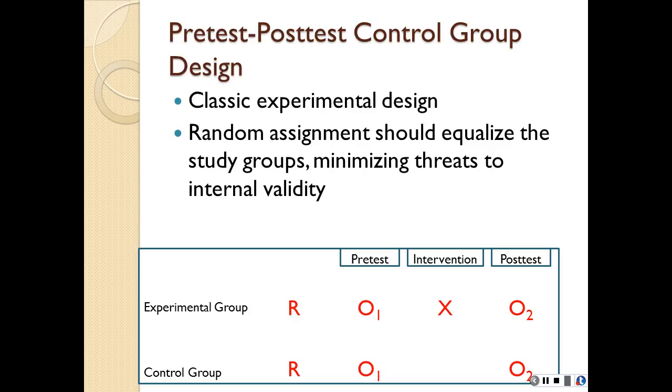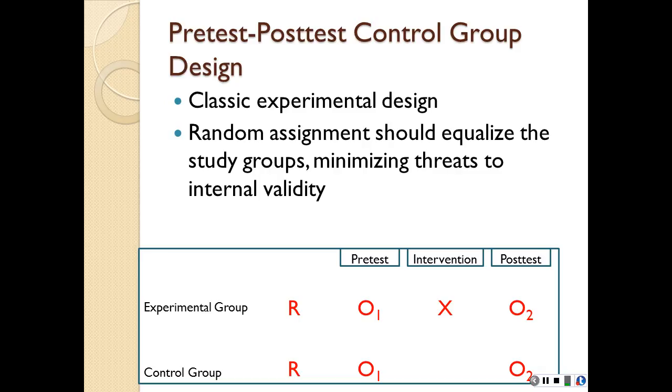And in this particular design, we can see, A, did people change between time 1 and time 2? And we can also say, is the experimental group different from the control group after the intervention? This also allows us to assess whether or not they were different at the beginning.